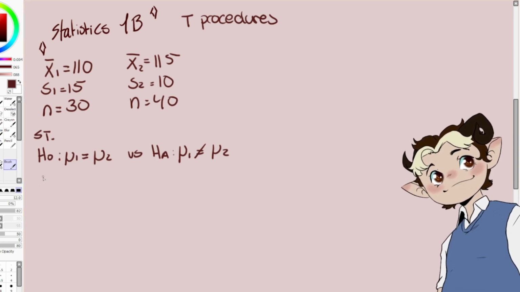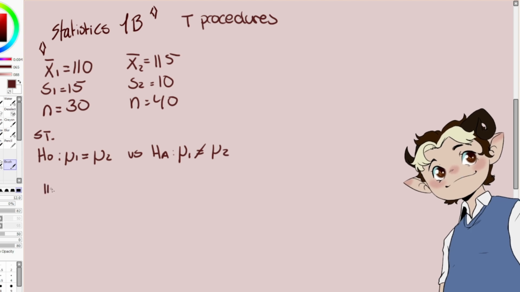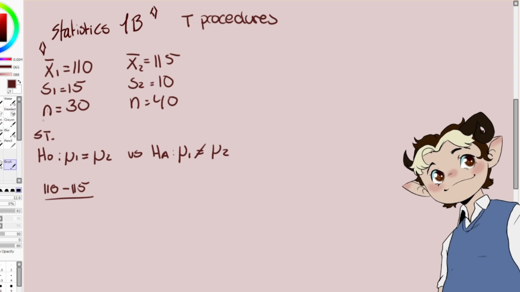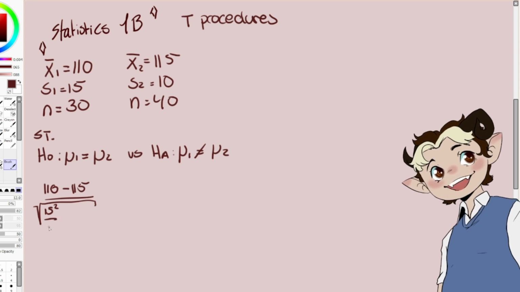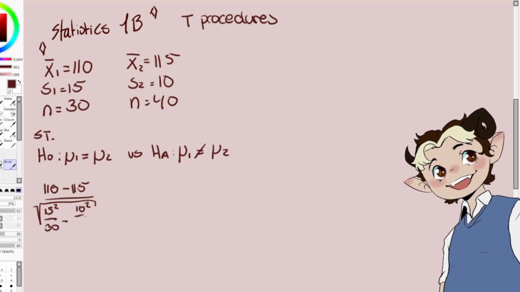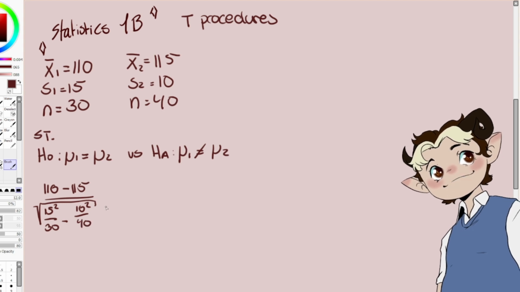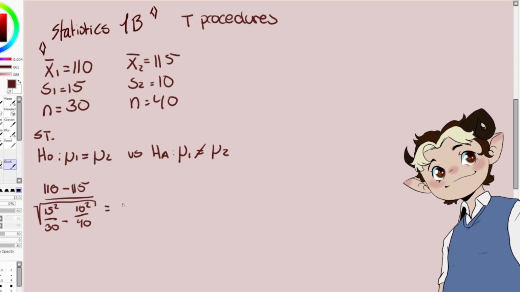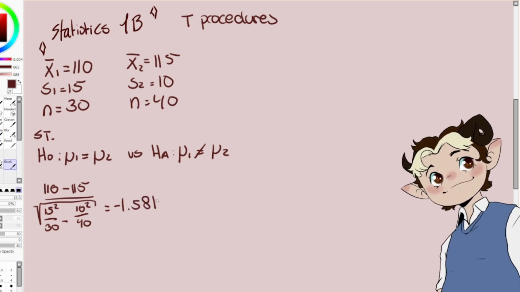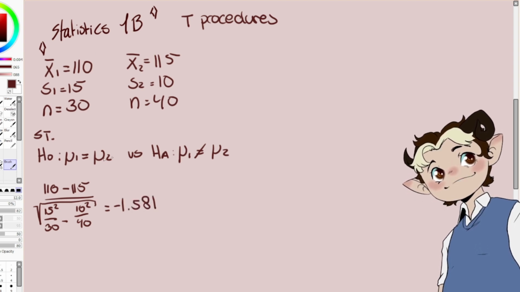Then we plug them into our formula. So that is 110 minus 115 divided by the square root of 15 squared divided by 30 plus 10 squared divided by 40. That is our formula, and out of that we get minus 1.581.